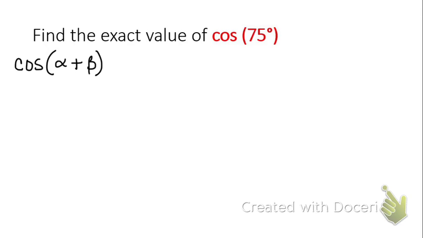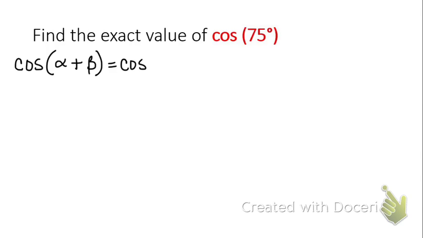And because it's cosine, I'm looking at the cosine addition formula. It doesn't matter with addition, because 30 plus 45 is the same as 45 plus 30, right? So it doesn't matter if we call alpha 30 or 45.